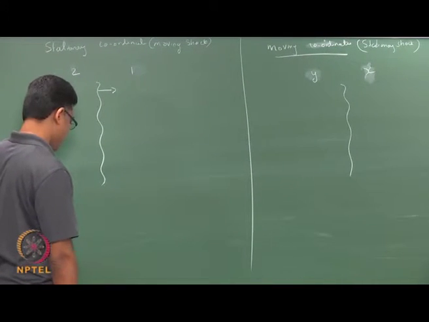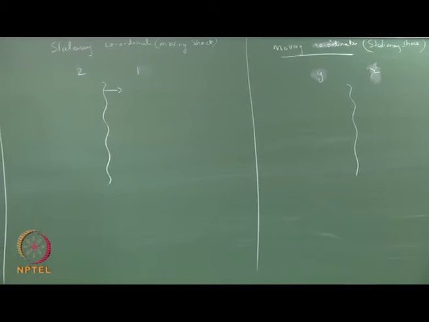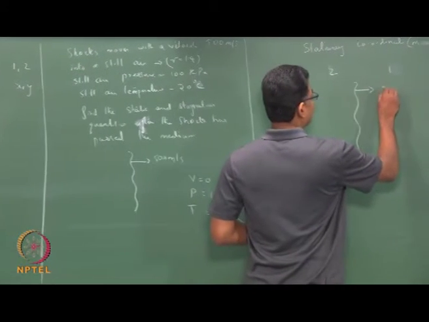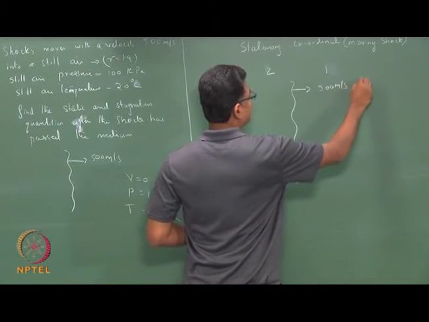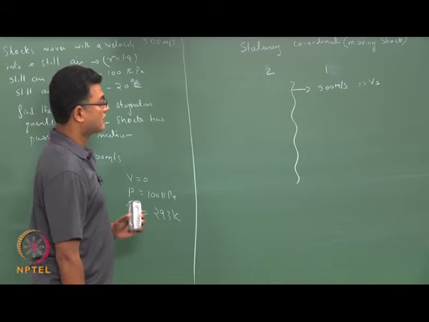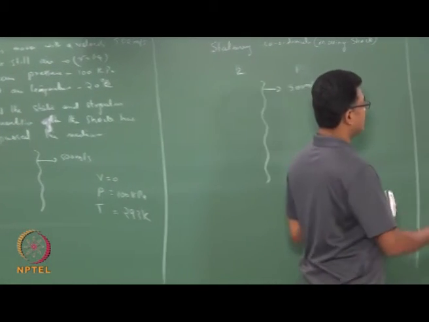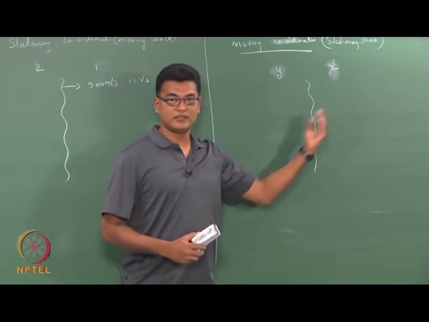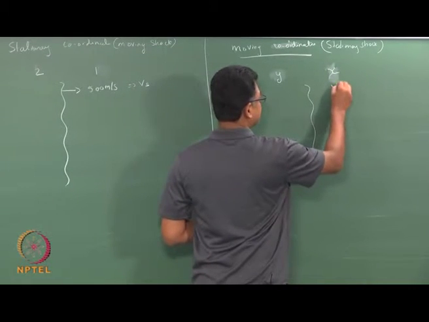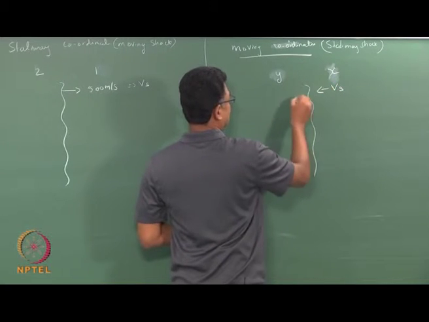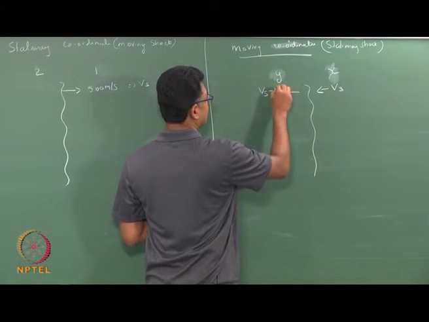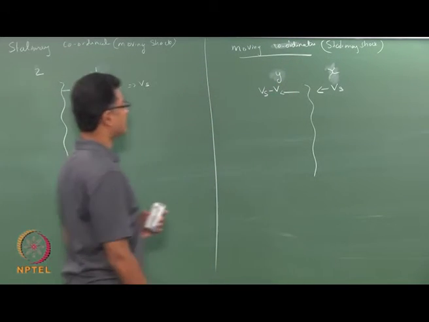So we will do from the information we know. First is the velocity of the shock is 500 meters per second, which is our Vs. So in the stationary shock, I will be facing the fluid which is moving at a velocity Vs, and I would see the fluid receding me with Vs minus V. Okay.